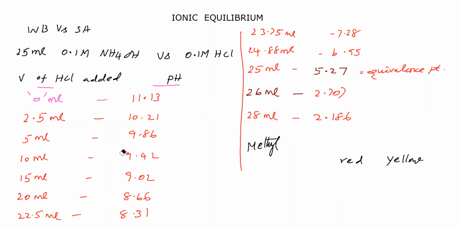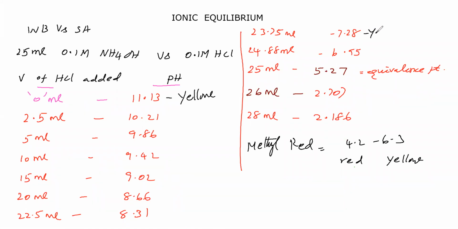So next we will take another indicator. What is that indicator name? Methyl red. Methyl red we will take, which has a pH range of 4.2 to 6.3. Up to 4.2 the color is red, from 6.3 onwards it is yellow. Let us add this methyl red here; it gives a yellow color to the conical flask solution. The yellow color continues like this, continuing here also.